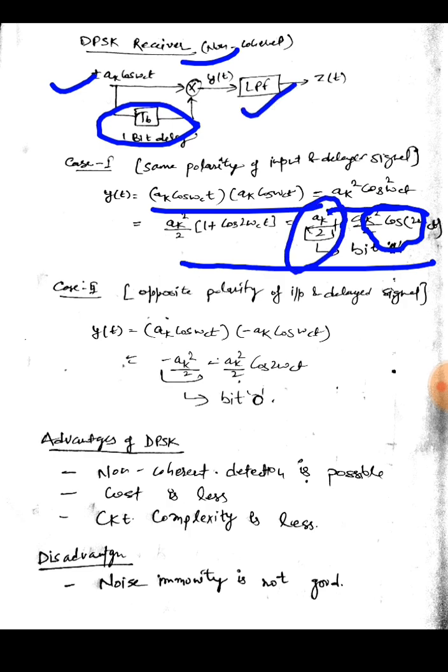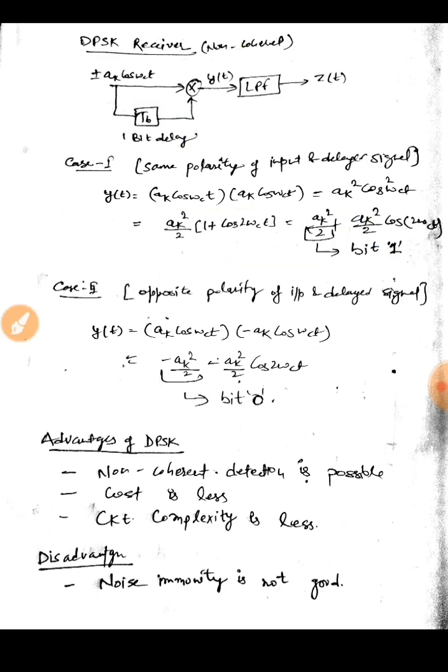So using a low pass filter we can get the desired output, which is the message signal, that is AK square by 2. So it would be the bit 1 if it is positive, that is both the incoming signal and the delayed signal are both positive, so we would get a +1, that is at the output we would get 1.